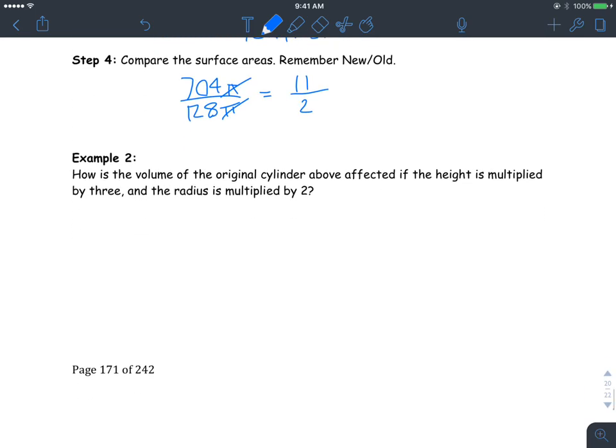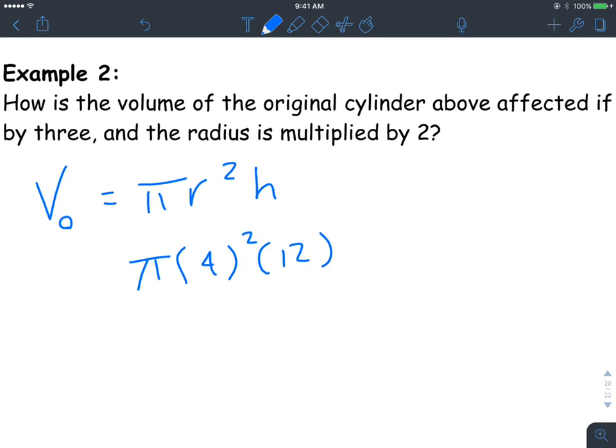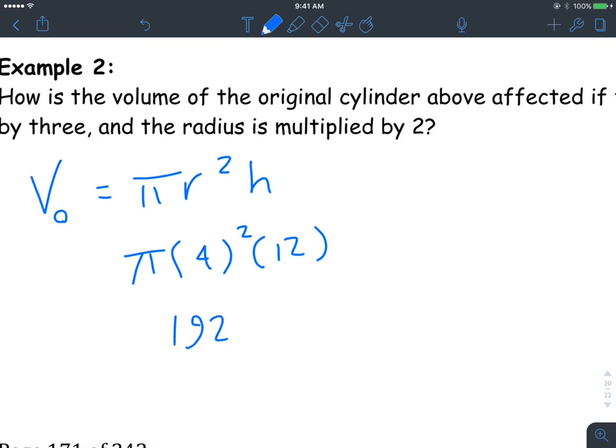Okay, you can actually do all the same stuff with the volume, so that's what we're going to do here. I'll put VO for the volume of the original, and then the formula is pi r squared times the height. So let's see what the original was. That was 4 squared times 12, which is going to get us 192 pi centimeters cubed.